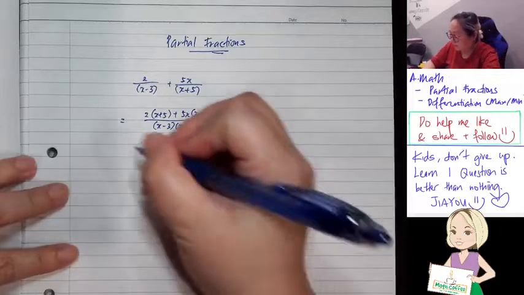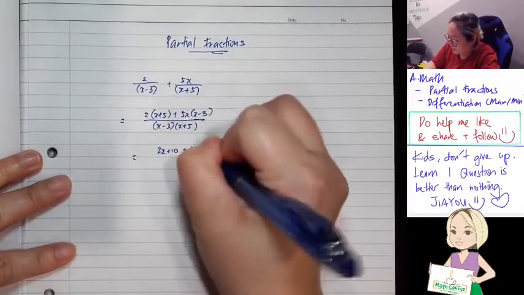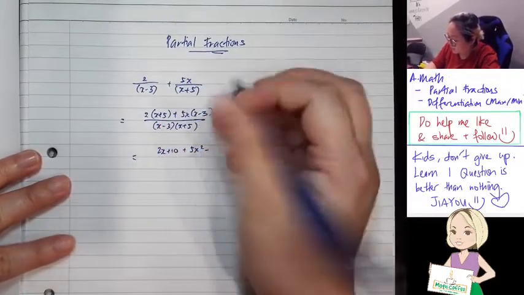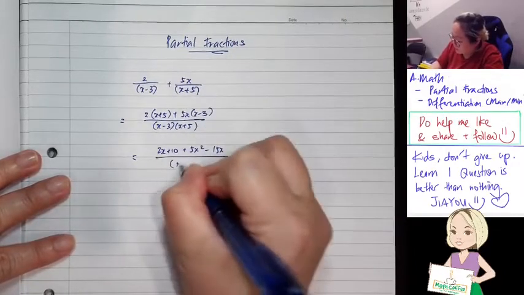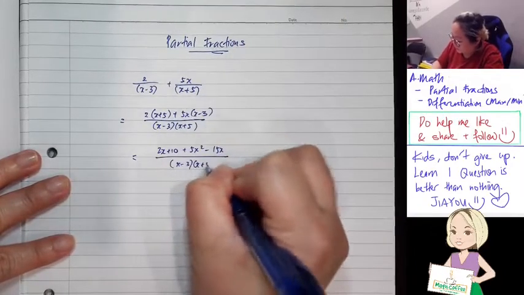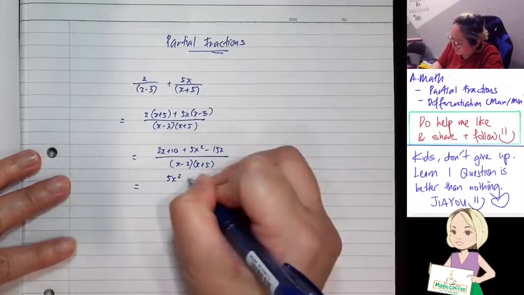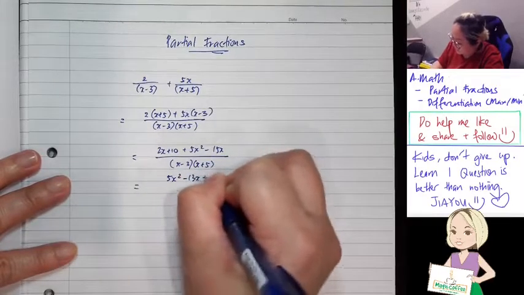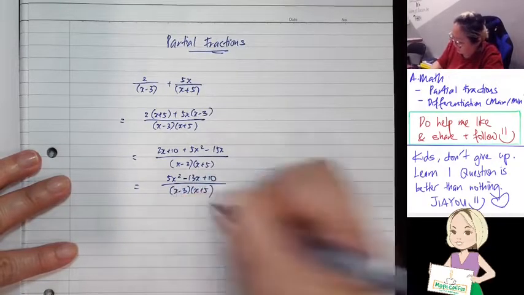And then when you simplify, you get 2x plus 10 plus 5x squared minus 15x over x minus 3 and x plus 5. So we will get 5x squared minus 13x plus 10 over x minus 3 and x plus 5.